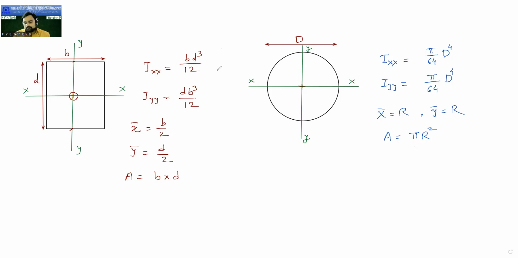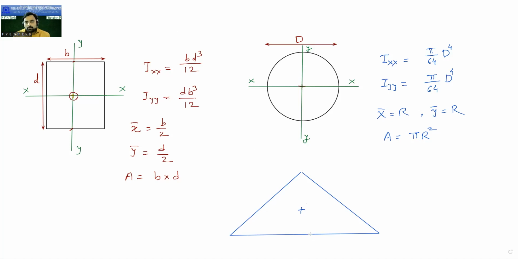Now triangle. Next figure is triangle. This is a triangle which has base b and height h. The centroid of the triangle may be situated somewhere here. Then we will draw the x-axis and y-axis.